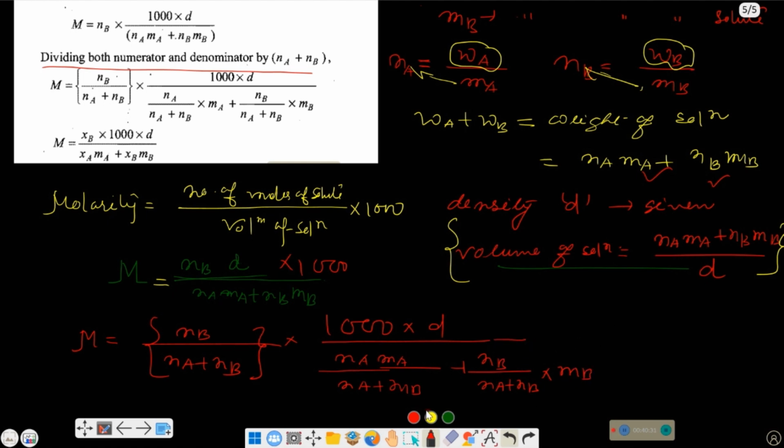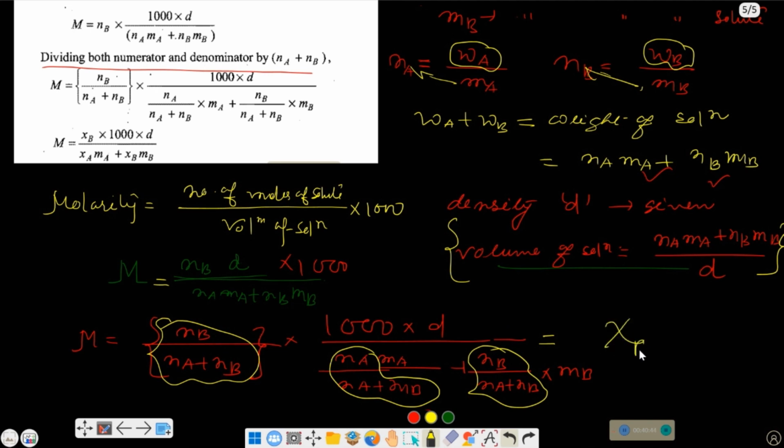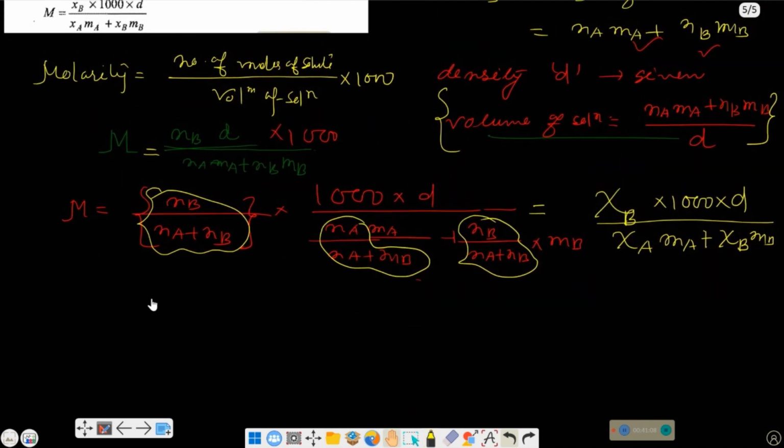So what does this term represent? This term is the mole fraction of A, and this is the mole fraction of B, the solute. So we write mole fraction of B into 1000 into density of the solution, divided by mole fraction of A into molecular weight of A, the solvent, plus mole fraction of B into molecular weight of B. So this will be the relation for the molarity and the mole fraction.